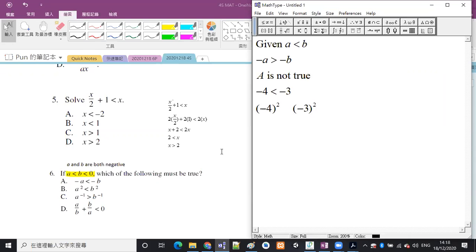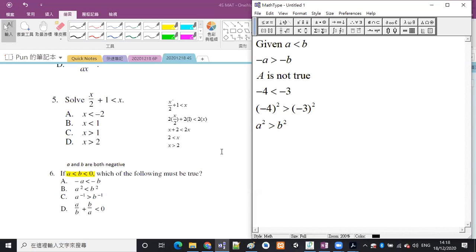Which one should be larger? This is 16, and this is 9. It is obvious that negative 4 squared should be larger than negative 3 squared, which means that A squared should be larger than B squared when they both are negative.